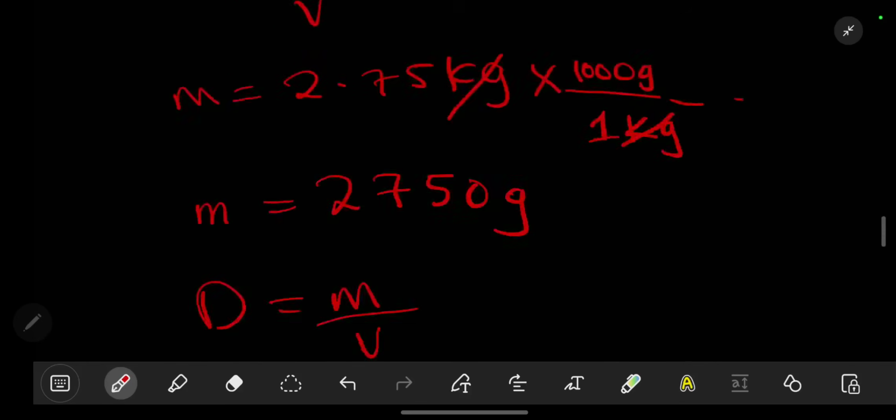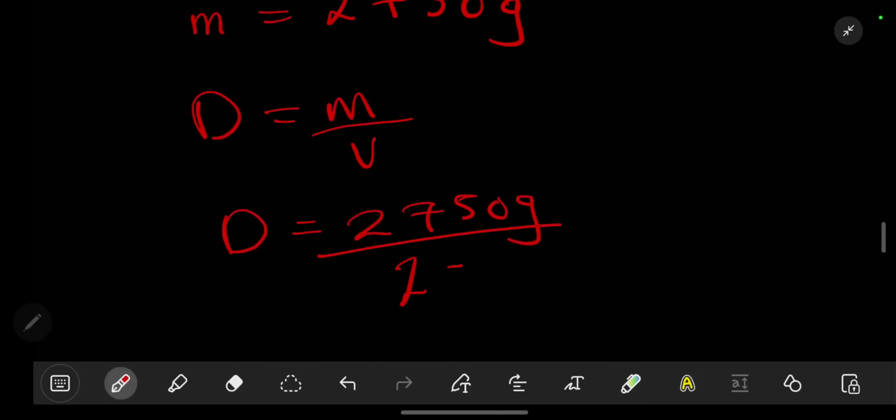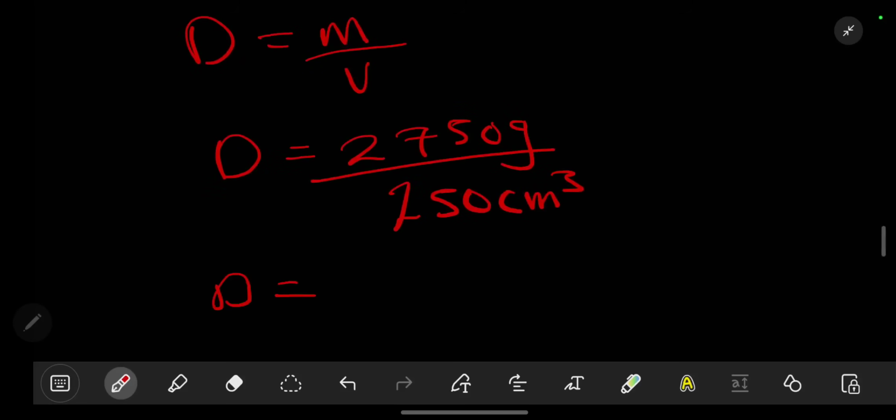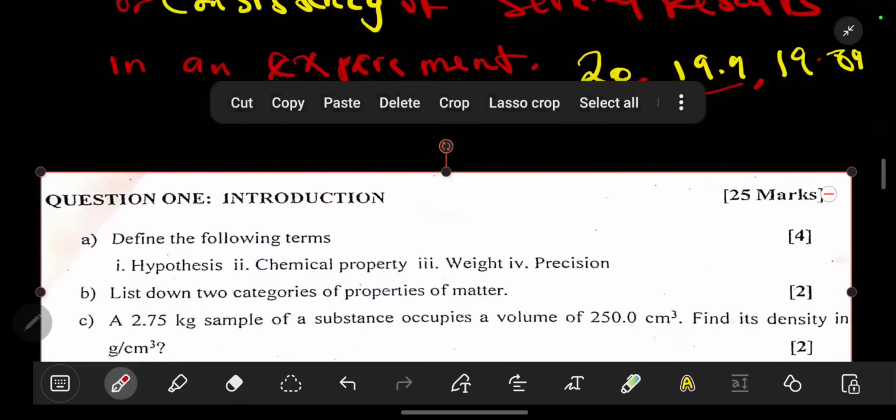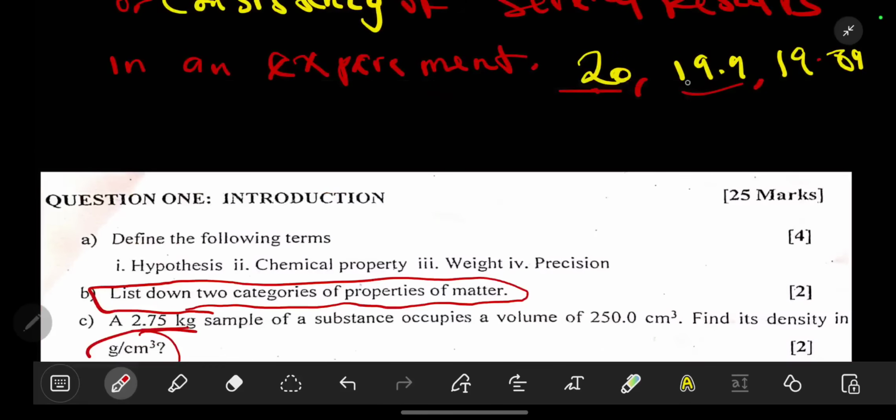Our volume is equivalent to 250 cubic centimeters. So the density should be equal to this value divided by 250, which will give us 11 grams per cubic centimeters. We obtain our 2 marks like that. Let's move on to our next question.